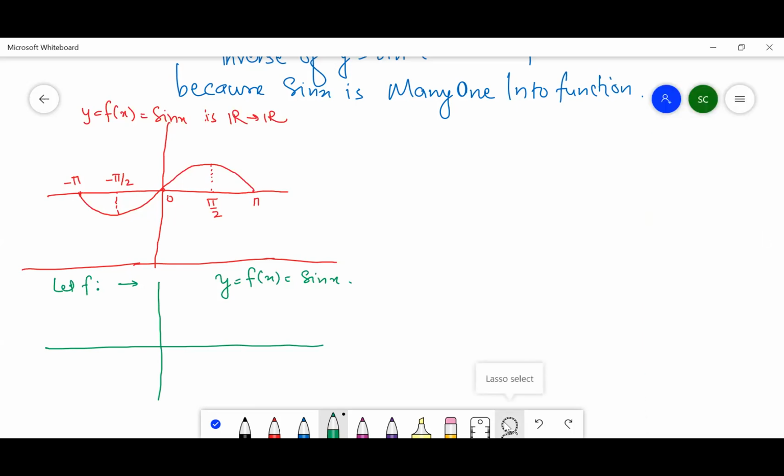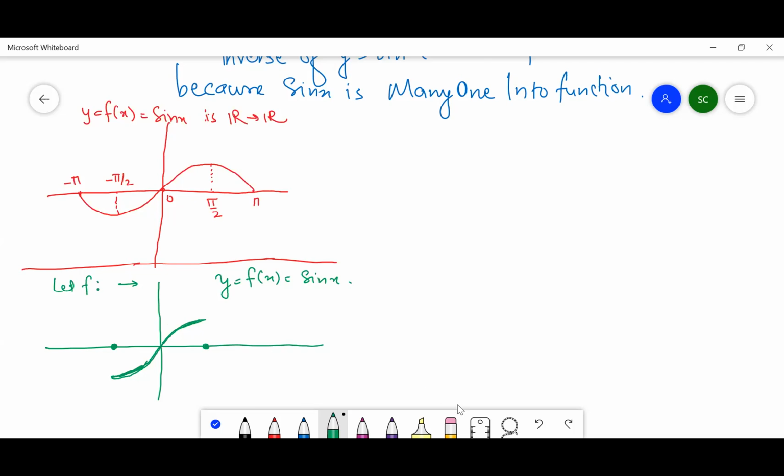If we just consider this point as pi by 2, this point as minus pi by 2, and if we start from here and consider only this much part of our sine curve, then it might be possible that it is 1-1 onto.